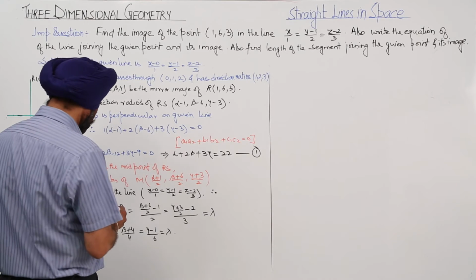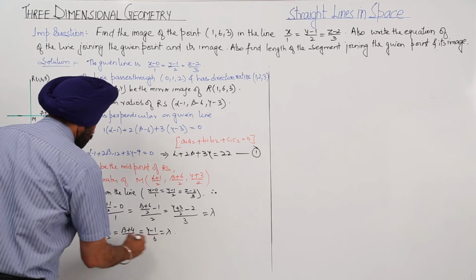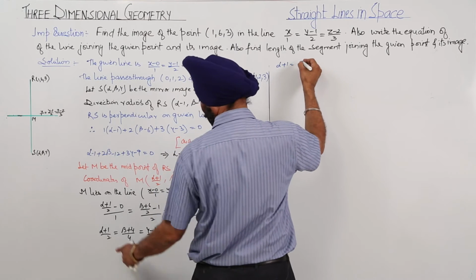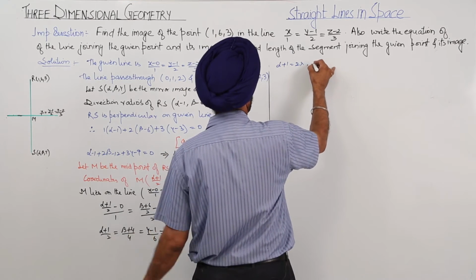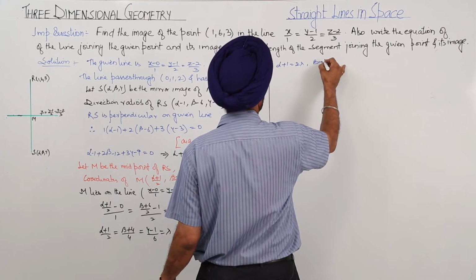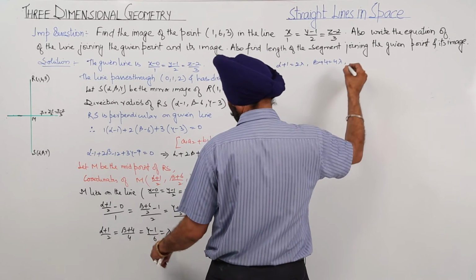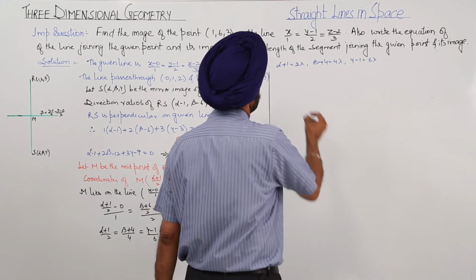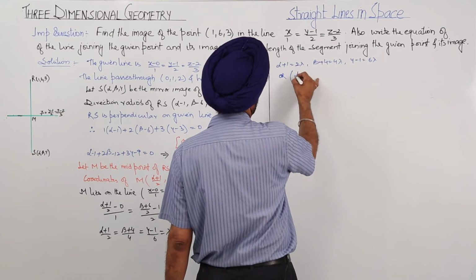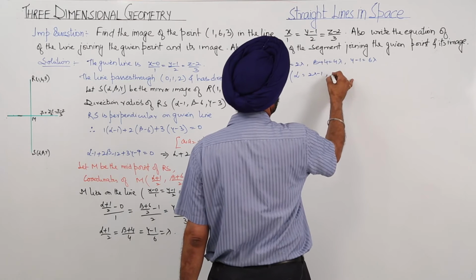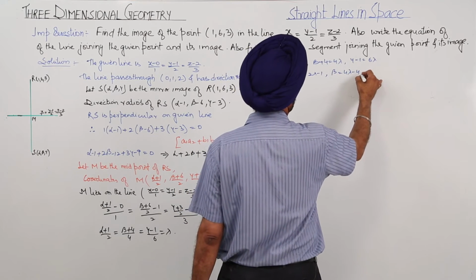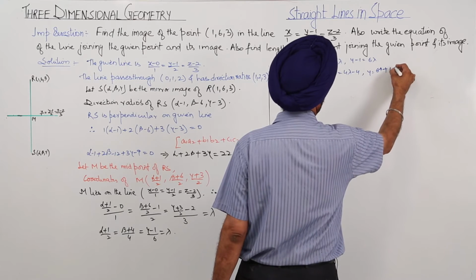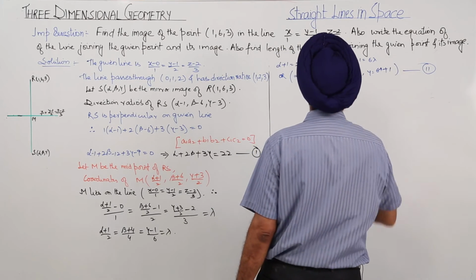Now further, alpha plus 1 is equal to 2 lambda, beta plus 4 is equal to 4 lambda, and gamma minus 1 is equal to 6 lambda, or alpha is equal to 2 lambda minus 1, beta is equal to 4 lambda minus 4, and gamma is equal to 6 lambda plus 1. This be equation 2.